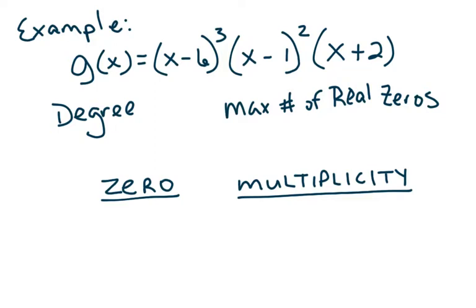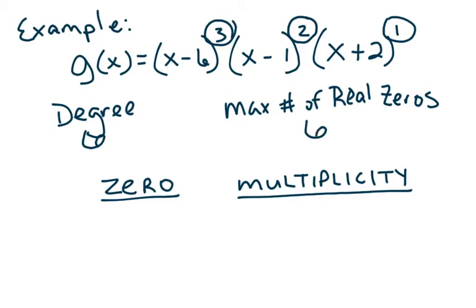Okay, the degree of g of x is 3 plus 2 plus an understood 1, which is 6. And so therefore the maximum number of real zeros is 6.